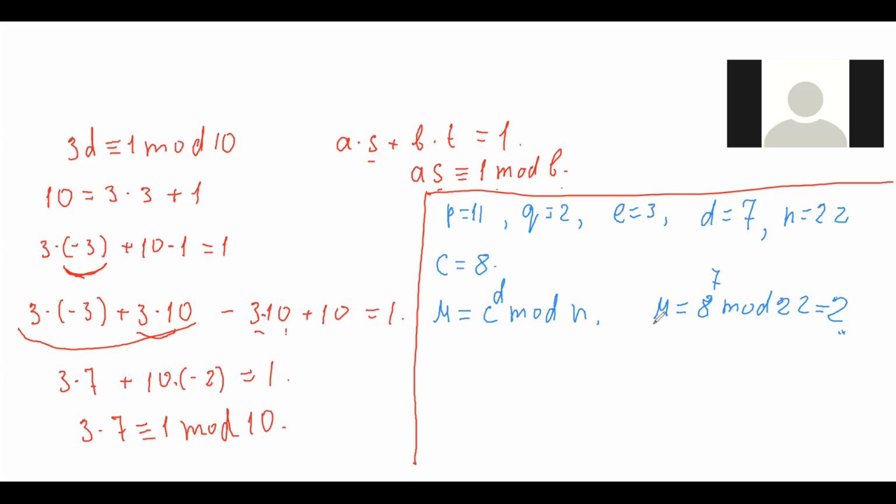Okay. So now 8 in the power 7 mod 22. And it was possible to find on our ordinary calculator.